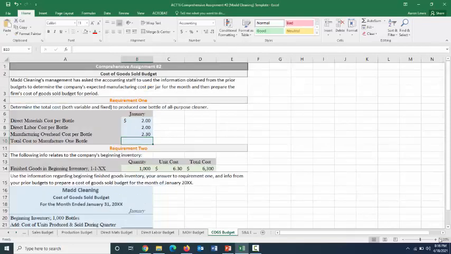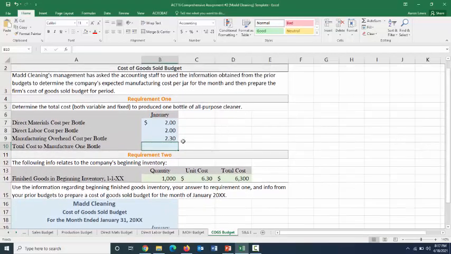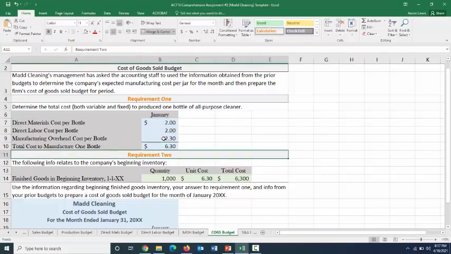So in total, each bottle of this all-purpose cleaner that Van Cleaning is going to produce is going to cost them $2 in direct materials to make, $2 in labor costs to convert to a finished product, and they're going to incur $2.30 in overhead for each bottle that they manufacture. And in total, that's going to come out to $6.30, how much they're paying to produce any one given bottle of this all-purpose cleaner during the period.